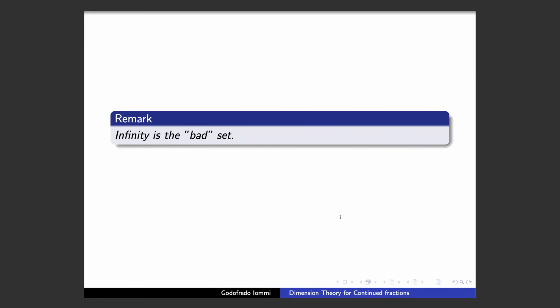Okay, so that's one example that I wanted to consider. So we had these arithmetic averages and weighted arithmetic averages, and we looked at the Hausdorff dimension function, and we found two possible shapes, a strictly increasing one, and one with a plateau.